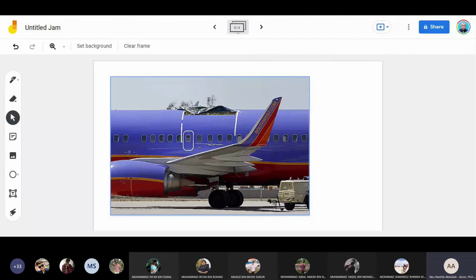So this is one of the major structure defects that you will see on aircraft, and most of it will not go to this extent. Most of the defects in Malaysia Airlines, for example, are mostly crack and corrosion. So you probably will not see this often.